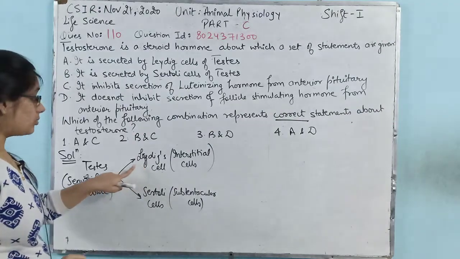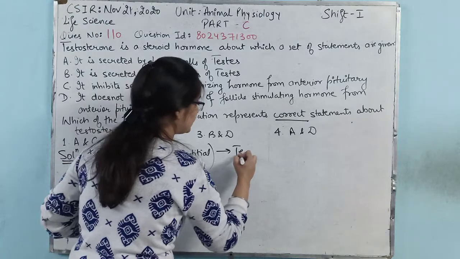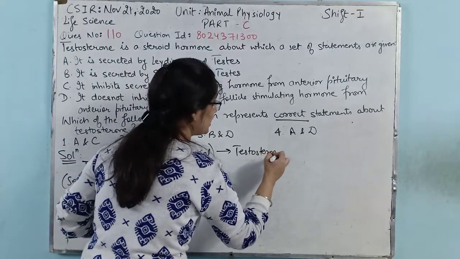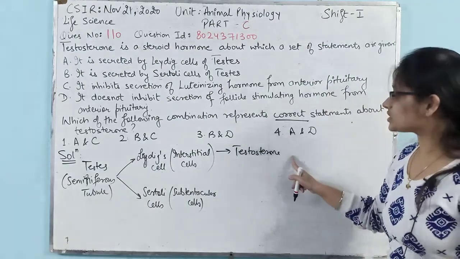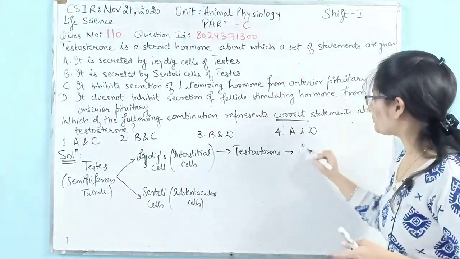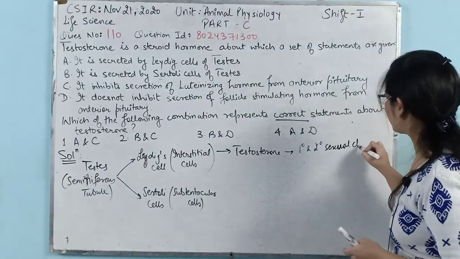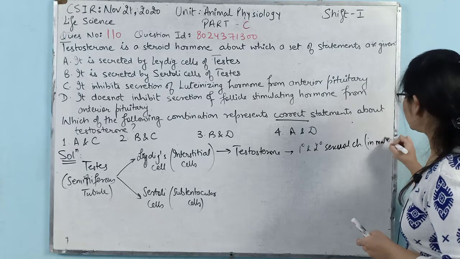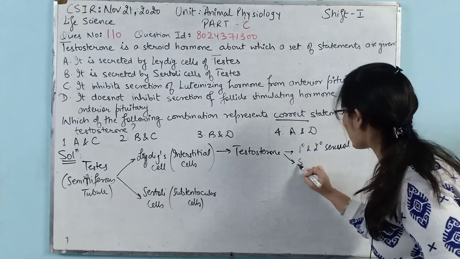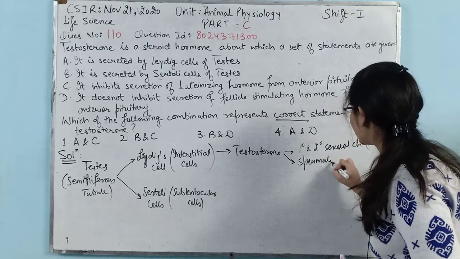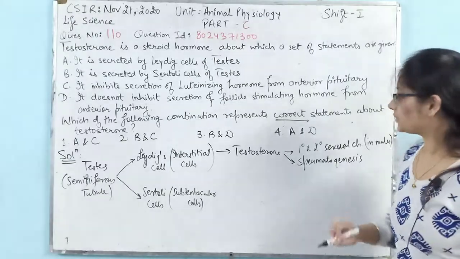So the hormonal secretion of the Leydig cell is testosterone, which is the main male androgen, the one which involves the development of primary and secondary sexual characters in males, and also supports the process of spermatogenesis, that is formation of sperm, right?